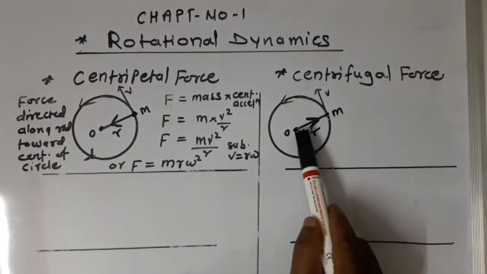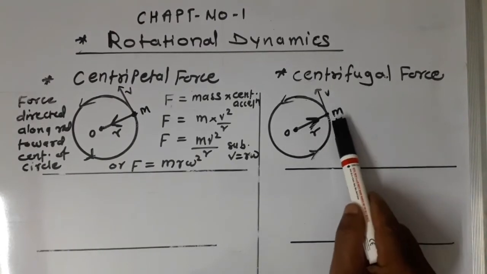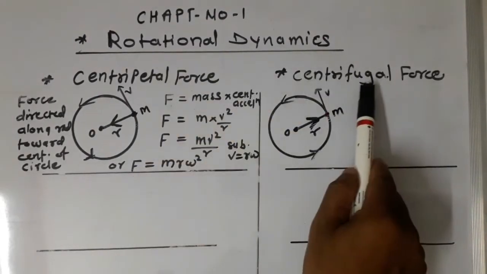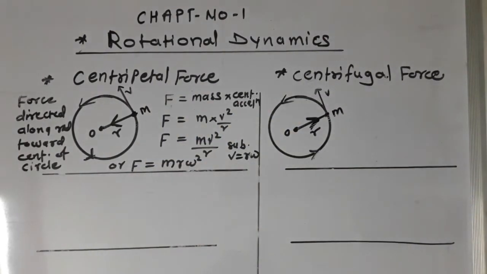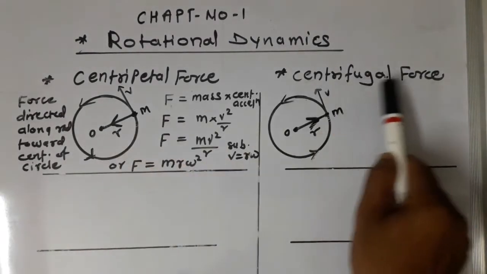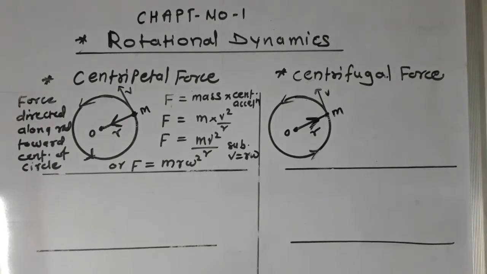See this arrow which is away from the center of the circle; it is called the centrifugal force. The magnitude of both centripetal and centrifugal is the same, but only the direction is opposite. Centripetal is directed towards, and centrifugal is away from the center of the circle.